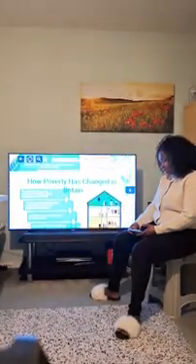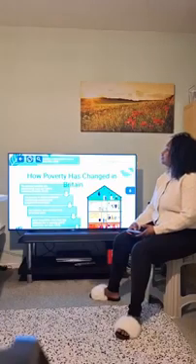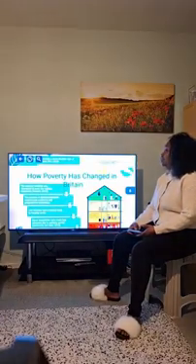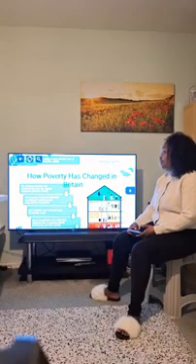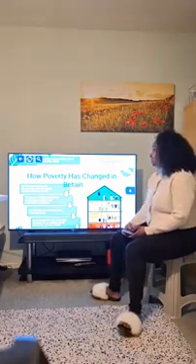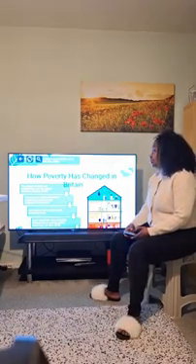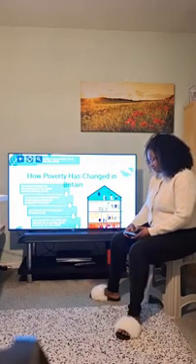So here is how poverty has changed in Britain. Extreme hardship was decreased by post-war welfare expansion. Ozanne referenced this in 2019. The process of industrialization transformed the workforce and regional economics.